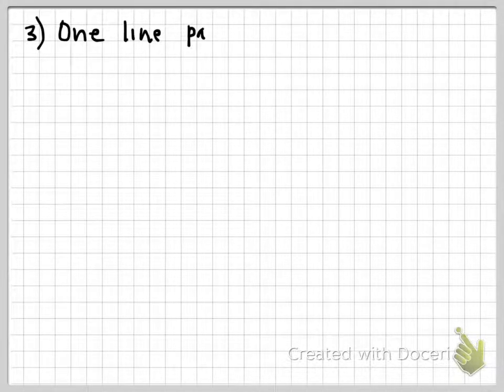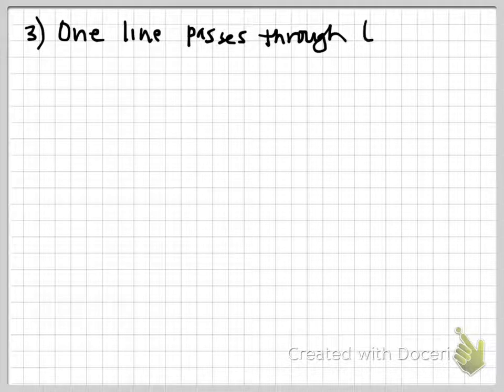Last type of problem is going to be like this. One line passes through (2, 3) and (0, 5).